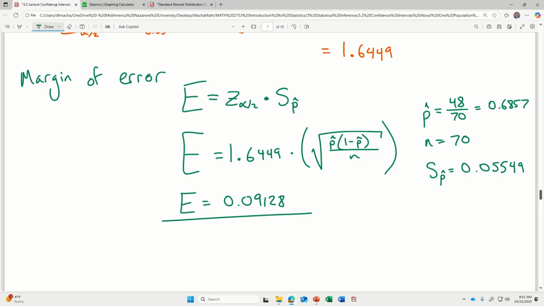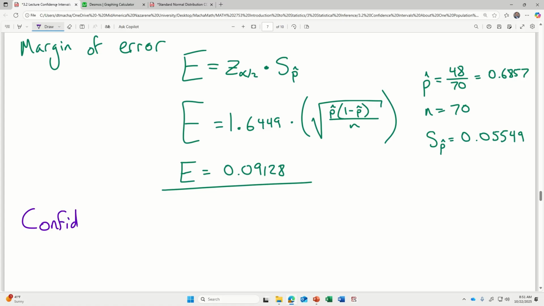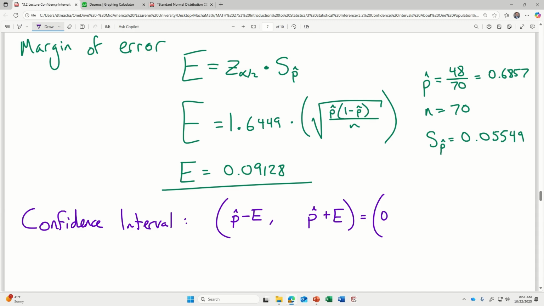And the last step is to construct my confidence interval. My confidence interval is going to have a lower bound, p hat minus E, and an upper bound, p hat plus E. So I'm going to take 0.6857 minus 0.09128, and I get 0.5944.